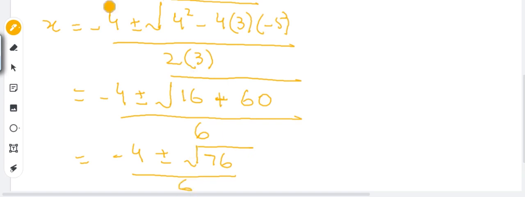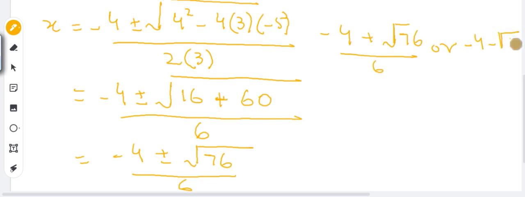So let me solve this. Let me write it over here. Wait a second. So this would give us x equals minus 4 plus under root 76 divided by 6, or x equals minus 4 minus under root 76 divided by 6.